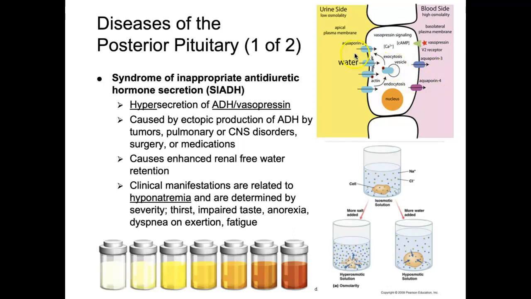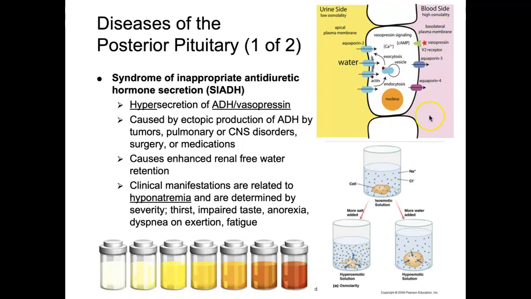But what vasopressin or ADH does is it attaches to the receptor, and then it creates these aquaporin 2 channels here, and that allows the water from the urine side, our filtrate in the nephron, to move into the cell. And then we've got other aquaporins here on the side of the cell that are going to allow that water to be reabsorbed into our blood.